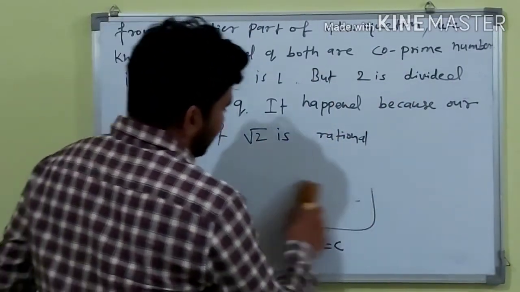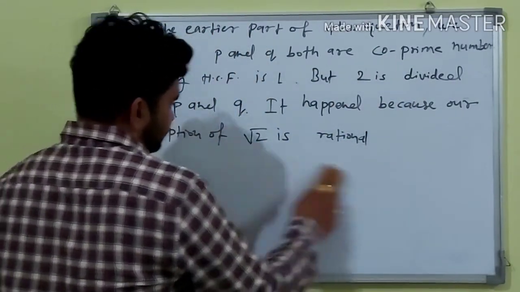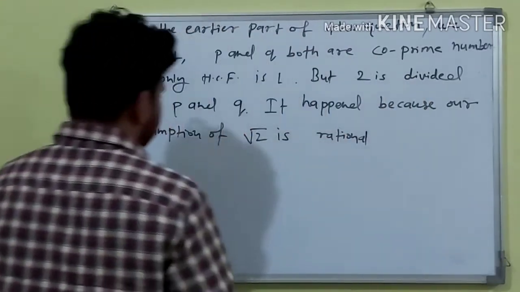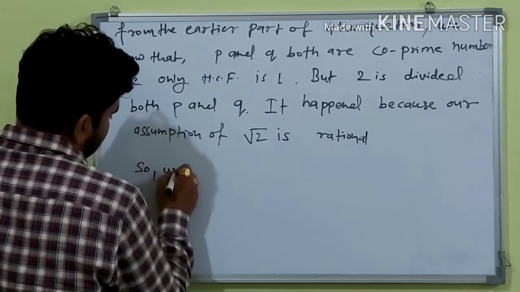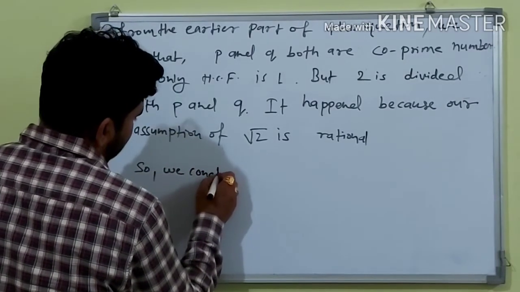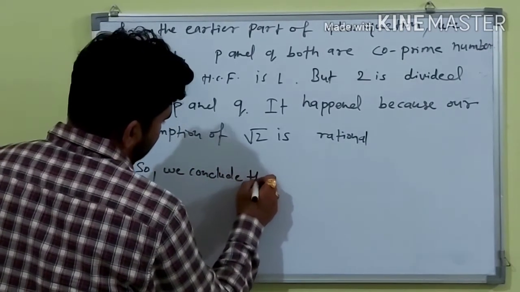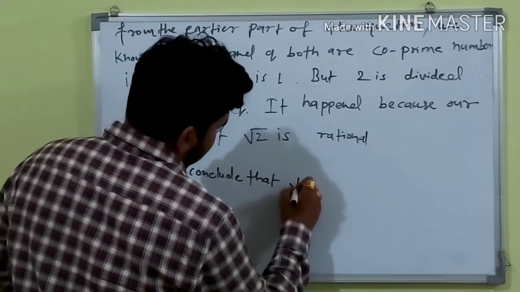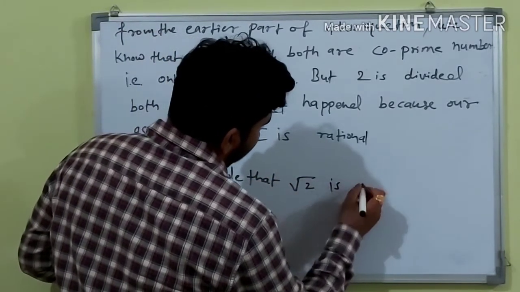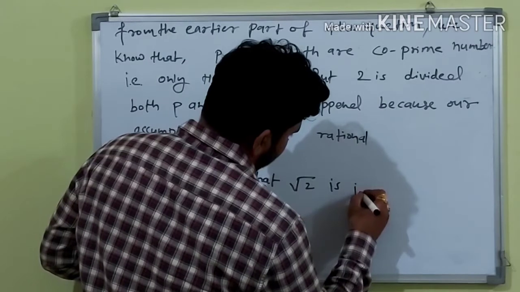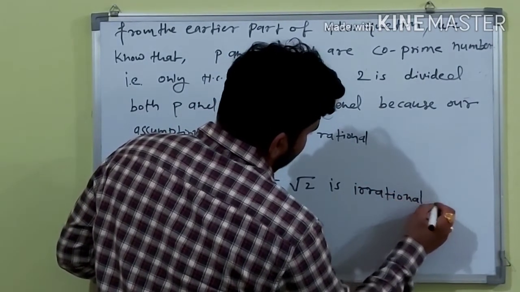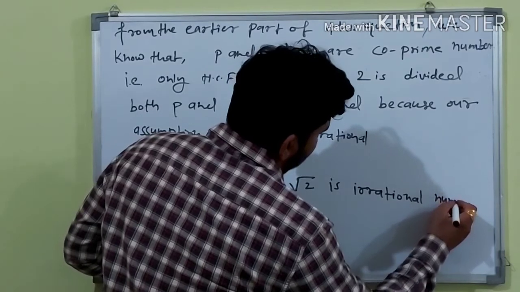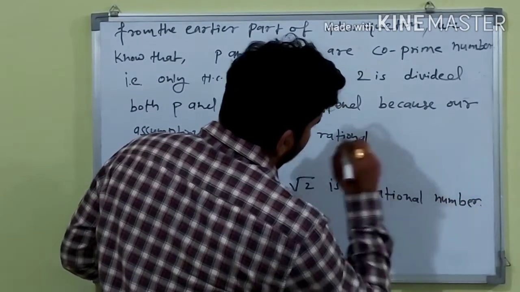So we conclude that under root 2 is an irrational number. Proved.